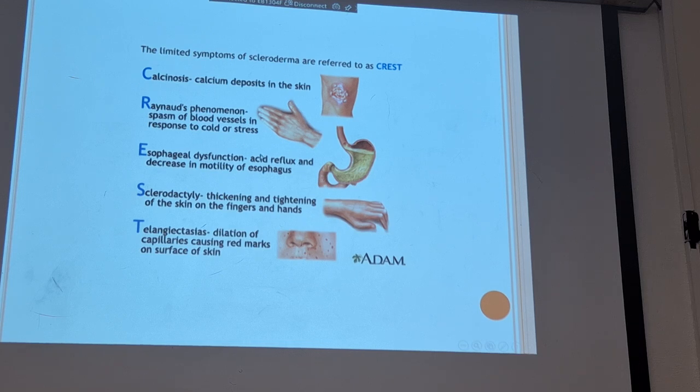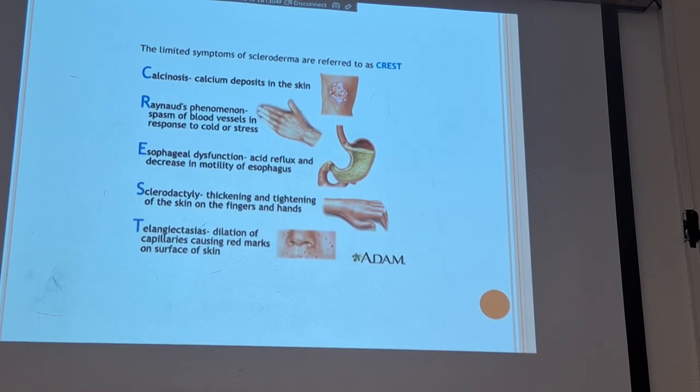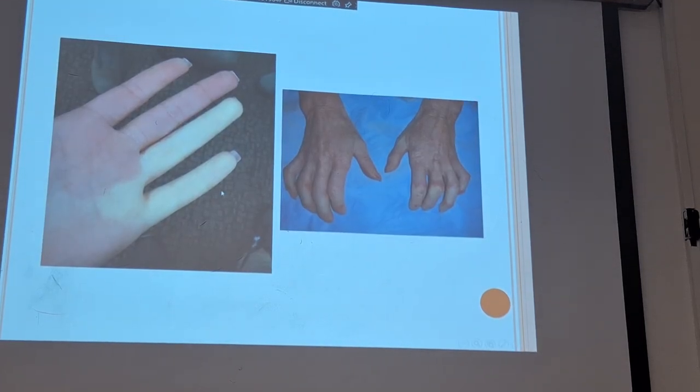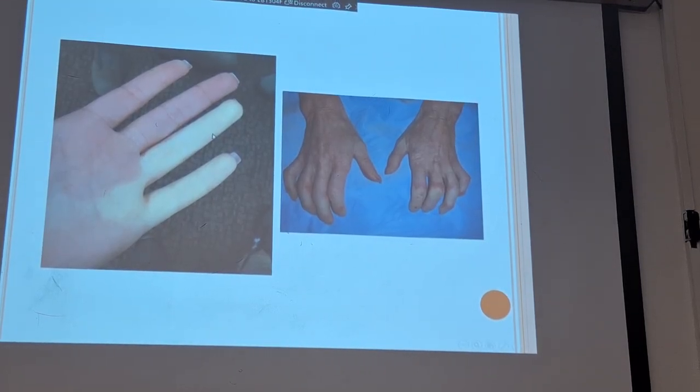So in limited systemic sclerosis, we have calcinosis of different tissues, and we have Raynaud phenomenon. Why do we have Raynaud phenomenon? For example, when our hands are in cold weather, they become pale.